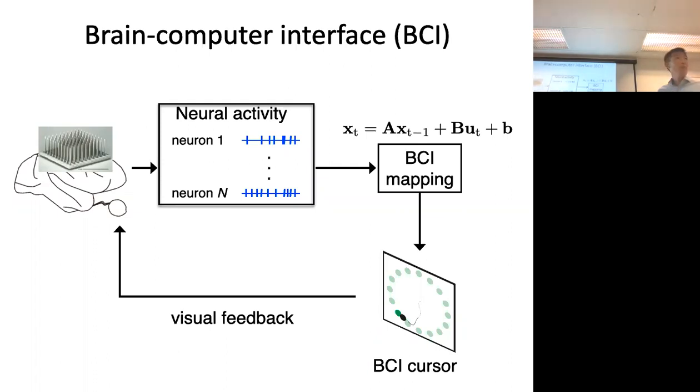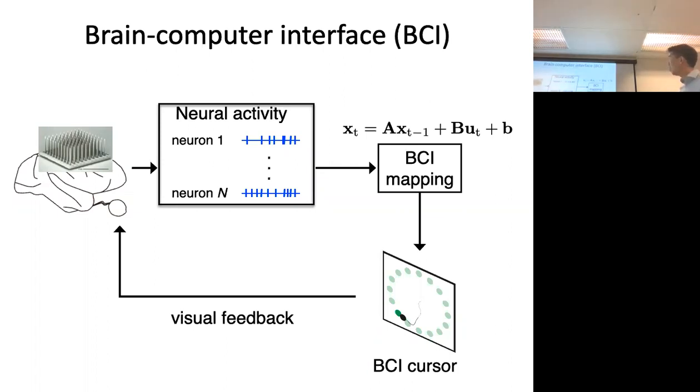Okay, so if we're recording from 100 neurons, u_t is a 100-dimensional vector where each element represents the number of spikes, or the activity level of that neuron at that time step. Okay, and then A, B, and little b are parameters of this BCI mapping, which we as experimenters can choose.